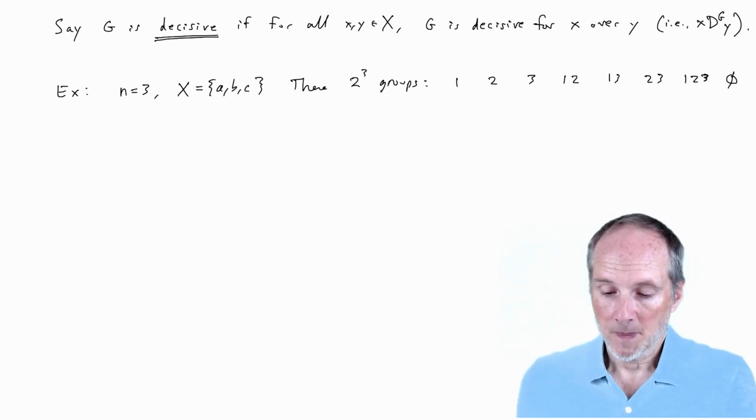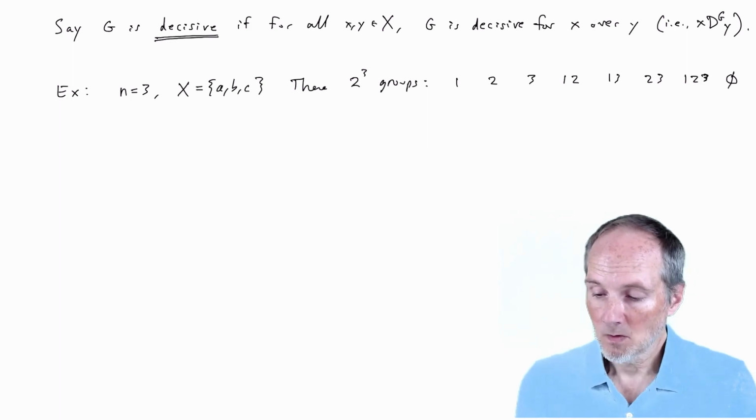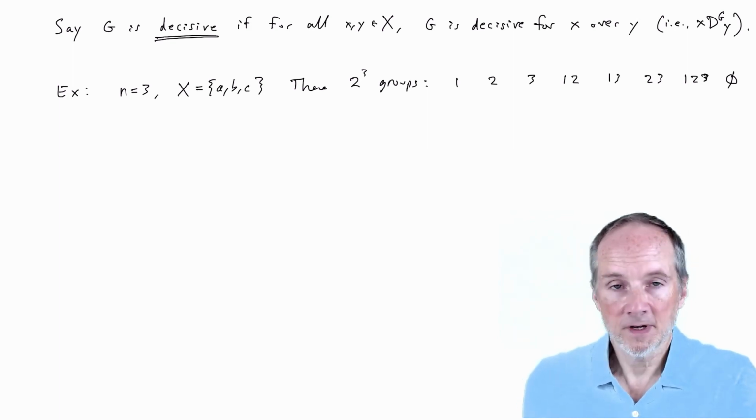I just defined this decisiveness relation for each group, and so we can actually do that for each of these groups.